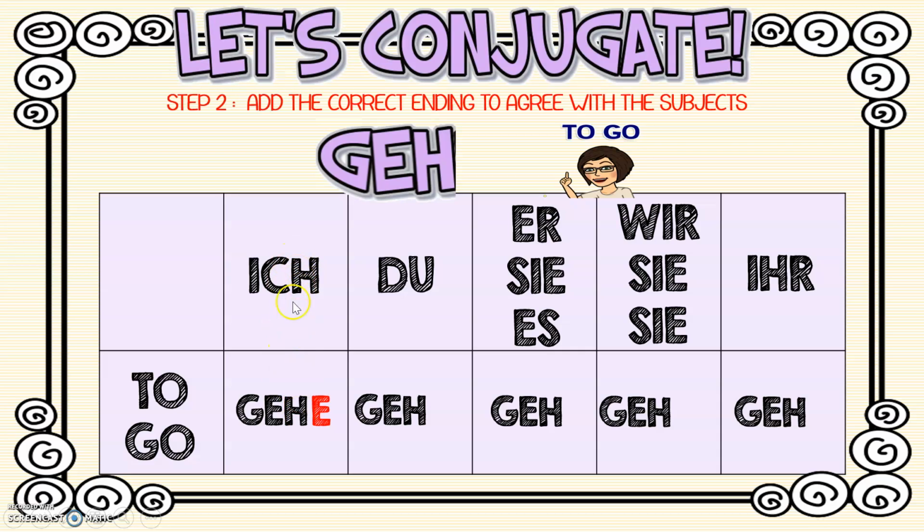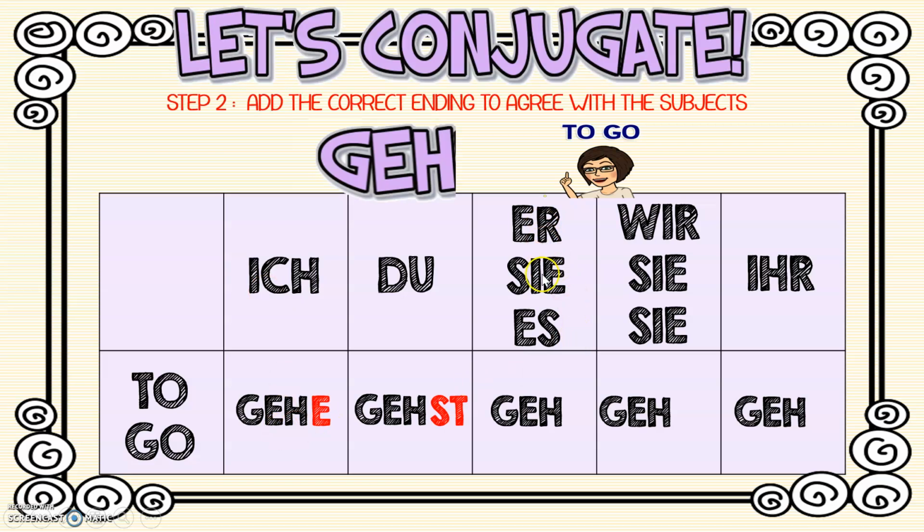I go. Ich gehe. Du gehst. This one's easy to remember because it spells the word dust, D-U-S-T. You go. Du gehst. I go. Ich gehe.